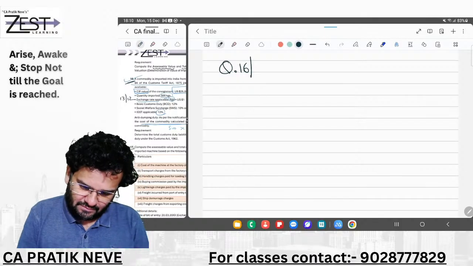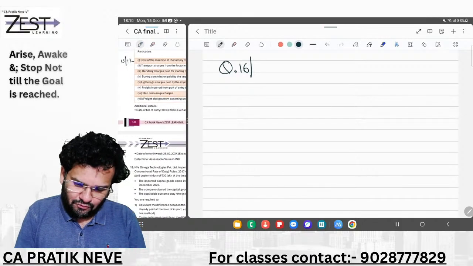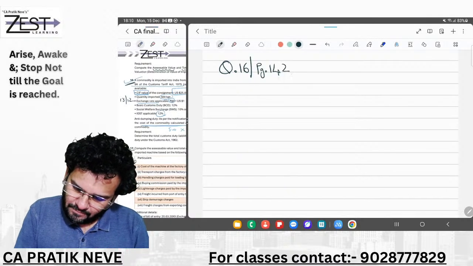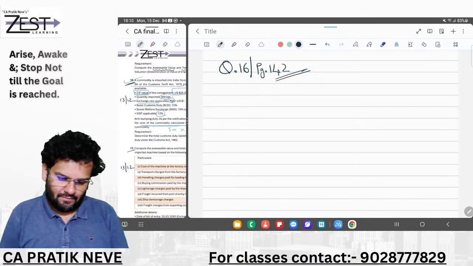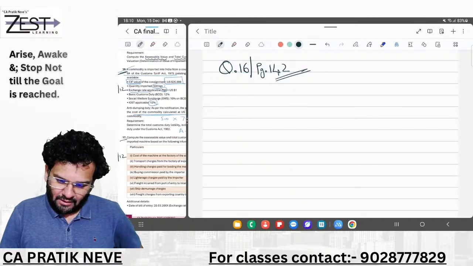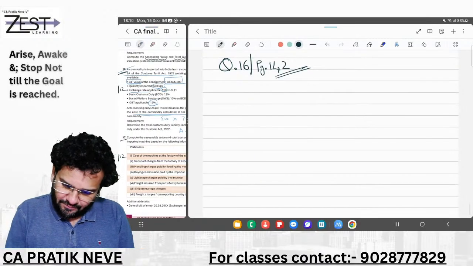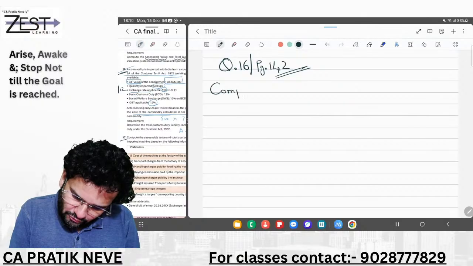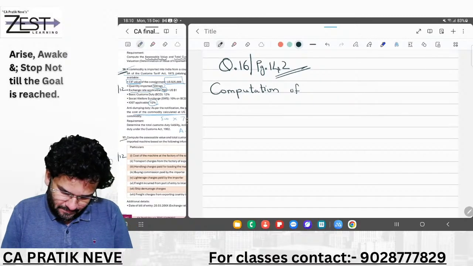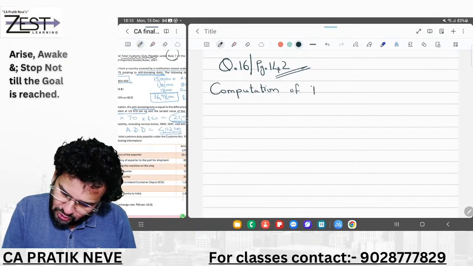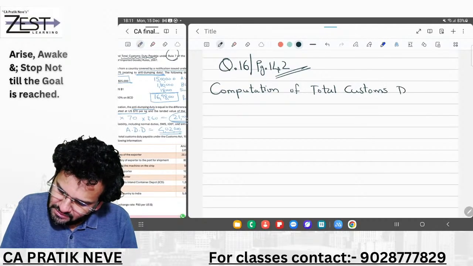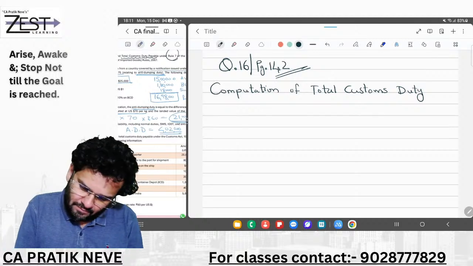Page number is 142. See, let's solve it. Computation of total customs duty payable is asked.